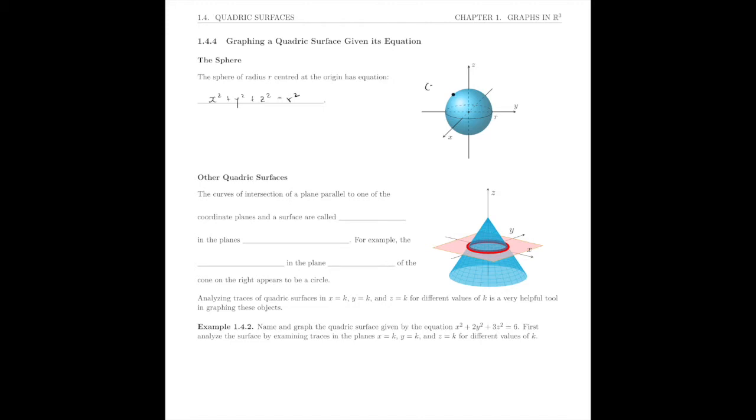If we imagine a point x, y, and z on the surface of the sphere, all of the points are equidistant from the origin, so that's a distance of r.